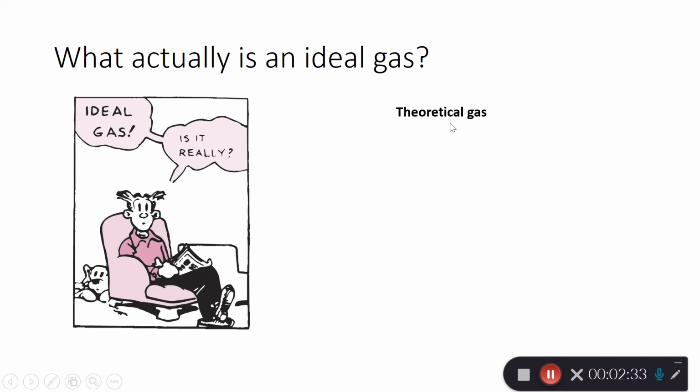So this theoretical gas is when we assume that the gases have elastic collision between the atoms. That means when the atoms of the gas collide with each other, the collision is elastic. Elastic means they bounce back. They do not absorb any of the energy from the collision.